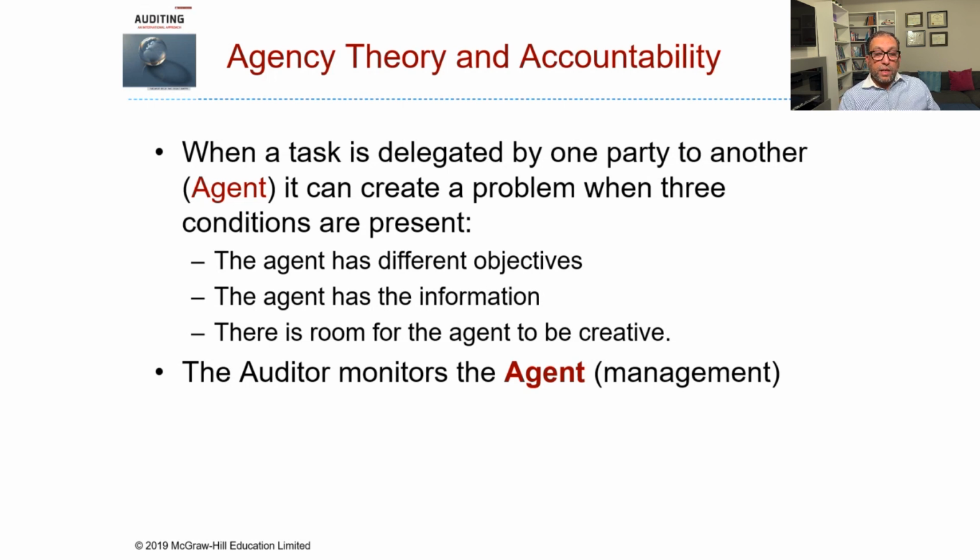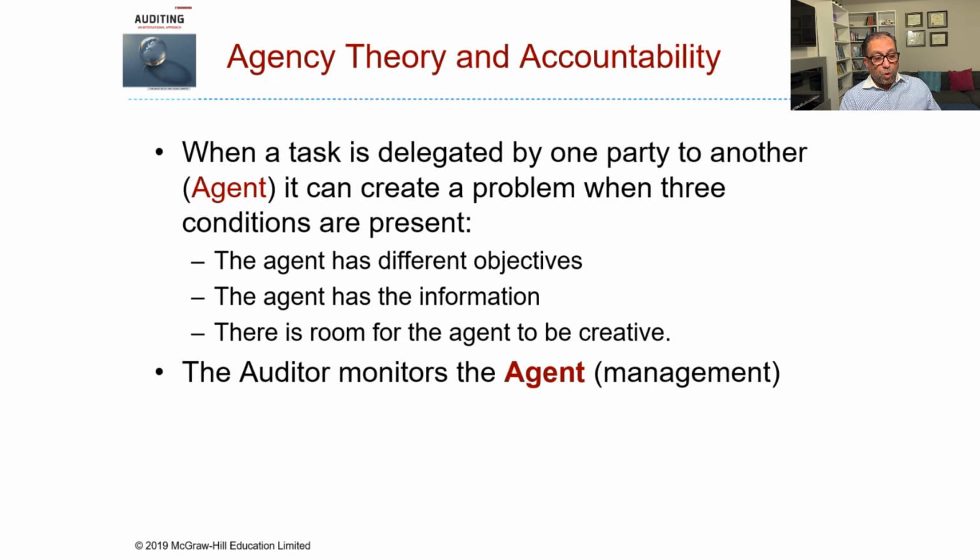When a task is delegated by one party to another, an agent, which is the auditor, it can create a problem when three conditions are present. The agency problem, or we can say the principal-agent problem. The agent has different objectives. There is a possibility that the agent has some inner motives or objectives. The agent has the information, and there is room for the agent to be creative.